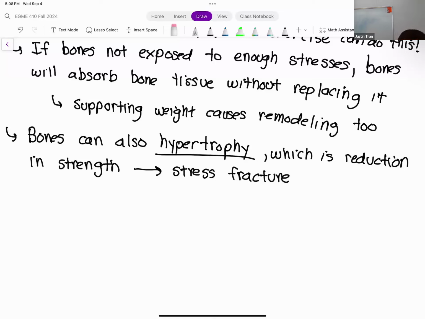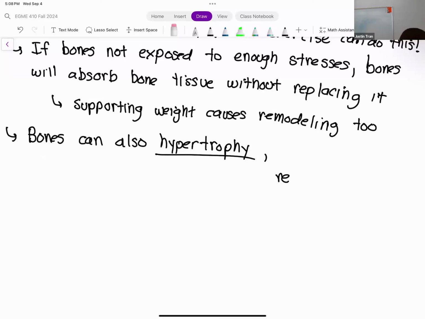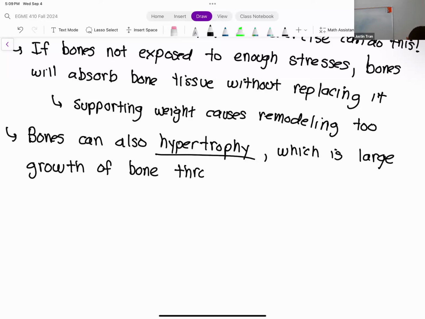Thank you. So two separate things caused by my disorganization. Yeah, that makes a lot more sense. Hyper means bigger, so atrophy is the one where you lose strength.